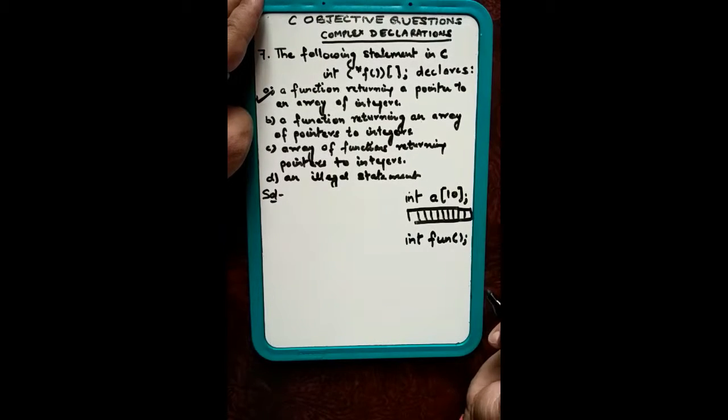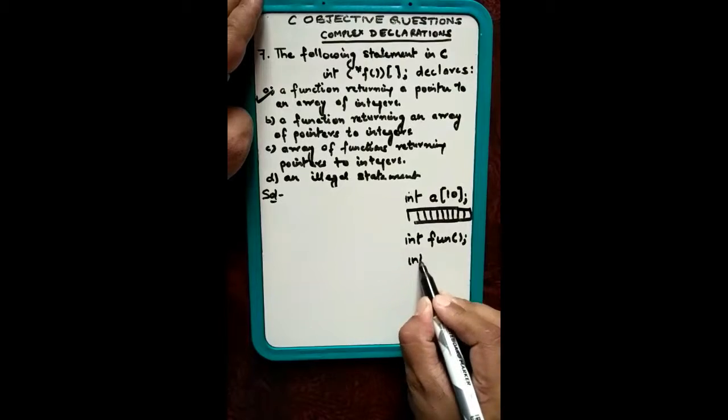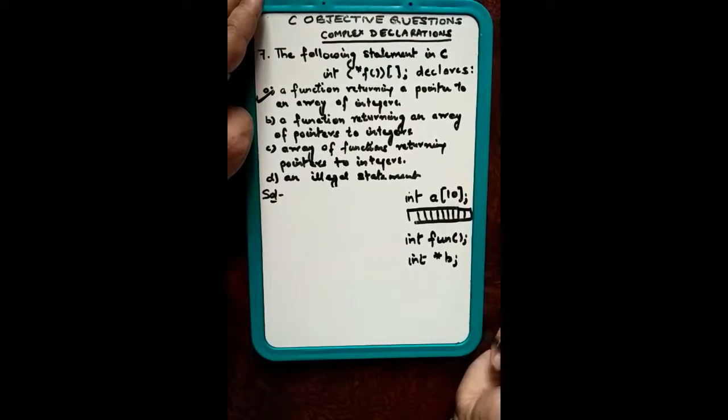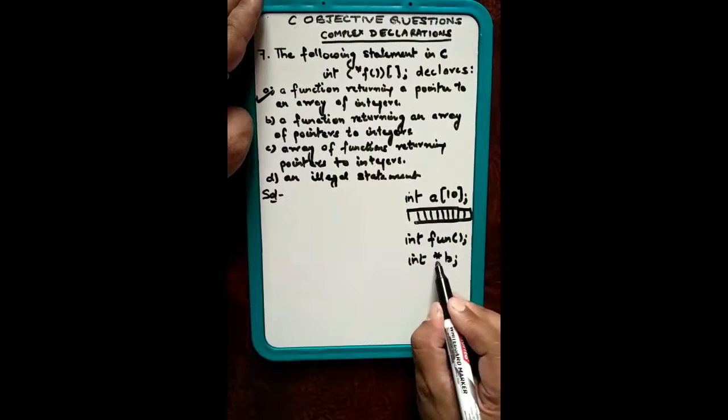If we are going to declare a pointer, we write, for example, int asterisk b. It means b is not a simple variable. b is a pointer type variable because we have used the asterisk operator here.